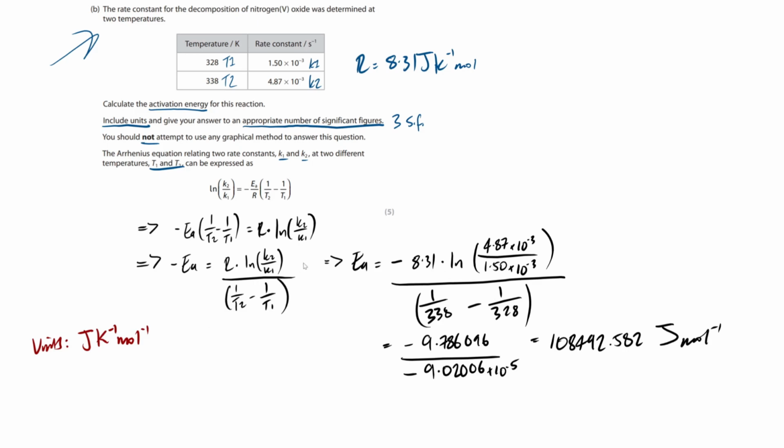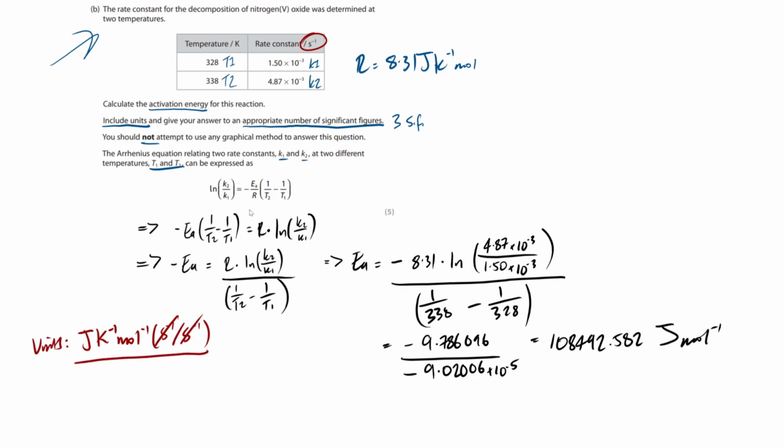And then we're going to have our per second rate constant, which is here, this K2 over K1. So if we have then per second divided by per second, they're just going to cancel, so I can chuck them off right there. So we're just left with joules per Kelvin per mole here, and that's over.